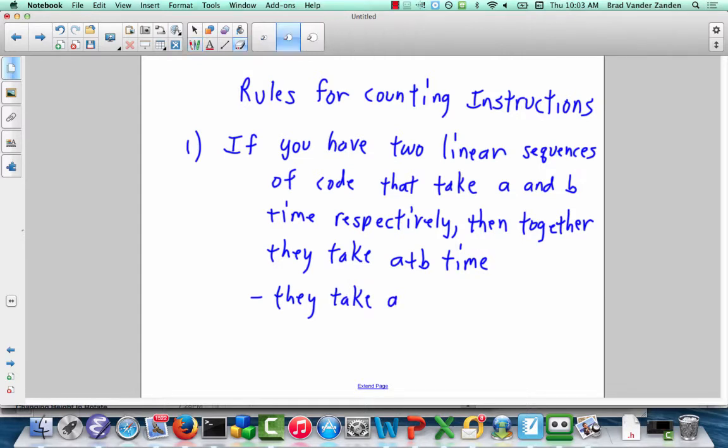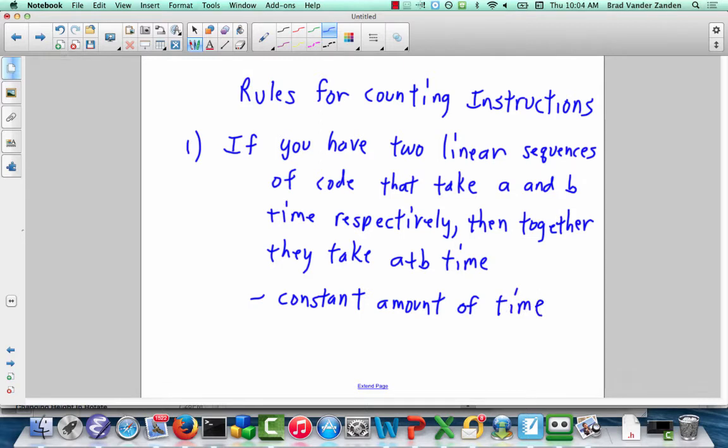You could have a function. Well, I did say no function calls. So they take a constant amount of time. That should be pretty intuitive.